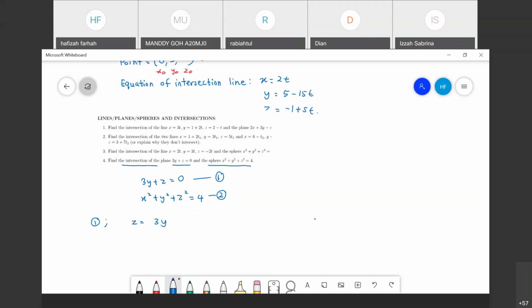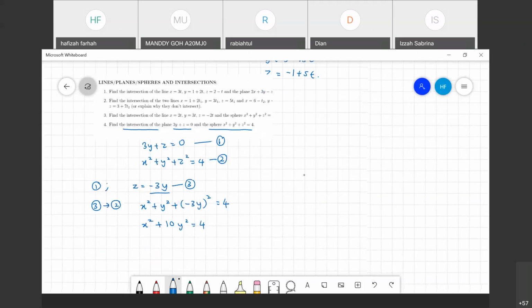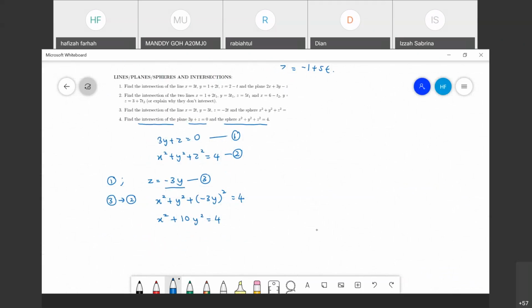From here, we can substitute equation 3 into equation 2. So we have x squared plus y squared plus z squared, where z is equals to minus 3y, equals to 4. So this will be 10y squared equals to 4. Now we want to find the value of x, y, z so that we can get the intersection.